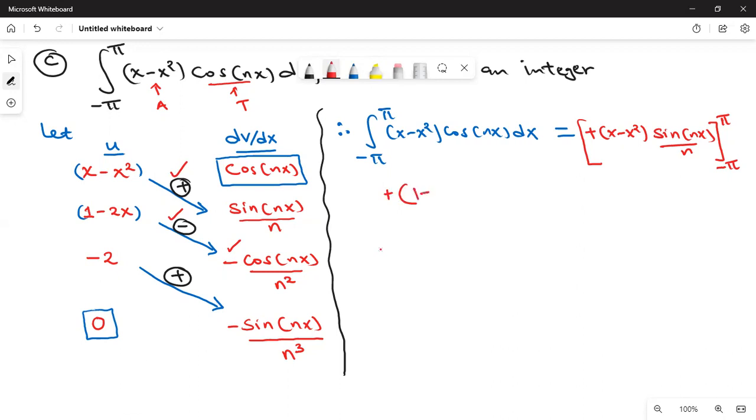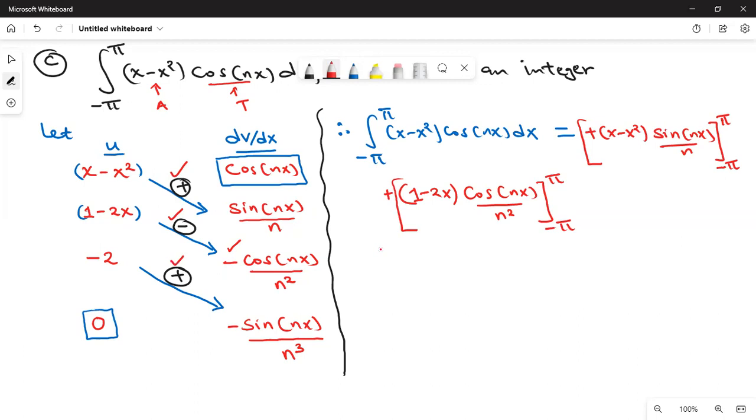So 1 minus 2x times cosine of nx over n squared, and again from negative pi to pi. Then the other arrow is positive, positive times negative 2 times another negative.